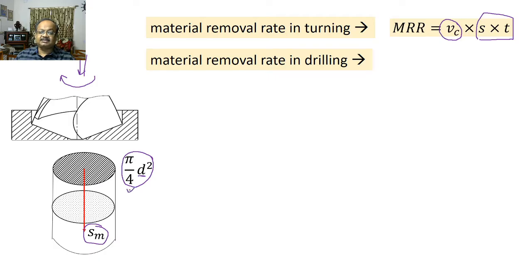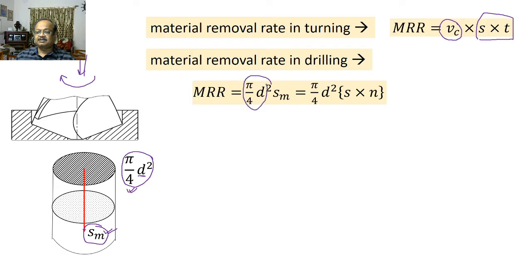So combining this cross-sectional area and feed rate, we can very easily get the material removal rate, or the rate at which the volume is being removed, as pi by 4 d square times Sm, which gives you pi by 4 d square into S into N. This is the typical formula which you are asked to use while estimating material removal rate in drilling. If you have a pilot hole, the formula will change slightly, which has also been discussed in the class.